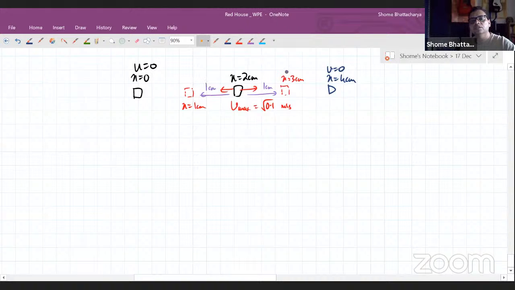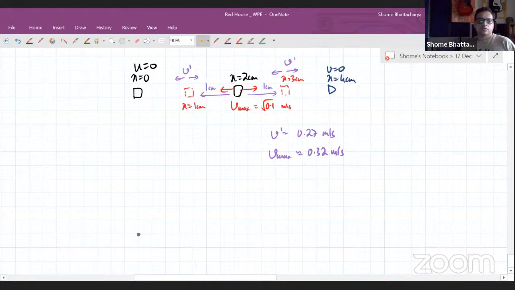So whether it's going in this direction or this direction, it will have the same speed. If this speed is v prime, then here and here, both times it will have speed v prime, and that v prime we saw was approximately 0.27 meters per second. Whereas the maximum speed at the center we saw was approximately 0.32 meters per second. Okay, so this is the back and forth oscillation that is happening.